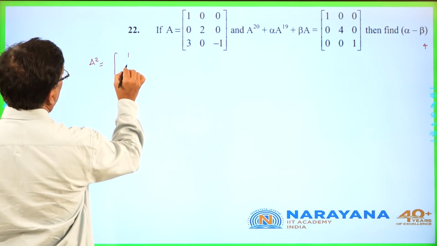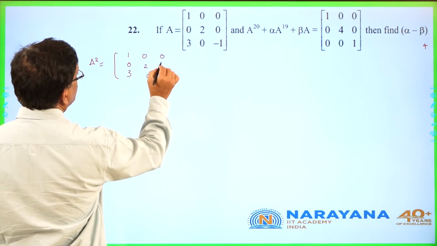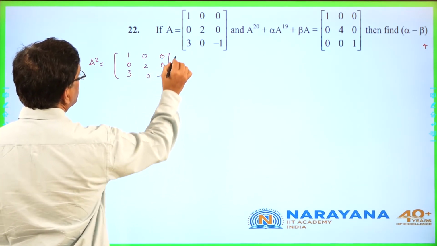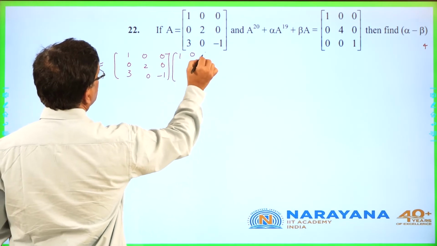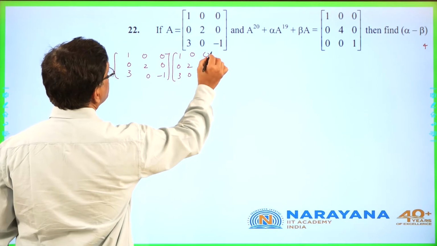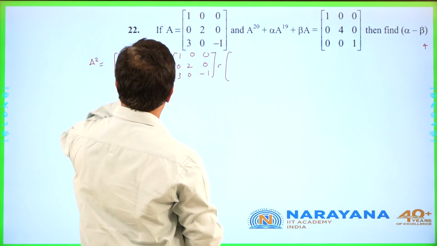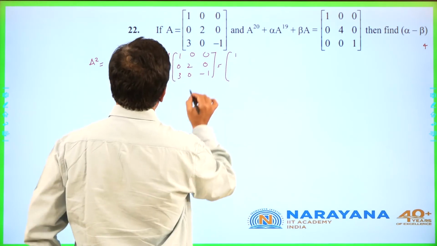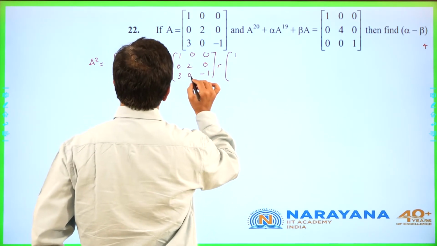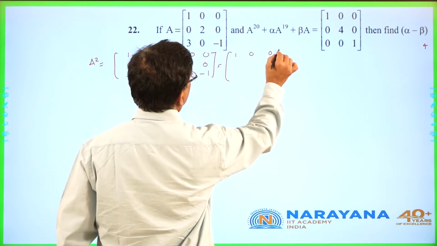A square is the matrix 1, 0, 0; 0, 2, 0; 3, 0, minus 1 multiplied by itself. Row versus column: 1, 0, 0, 0, 0, 0. Next 0, 0, 0.